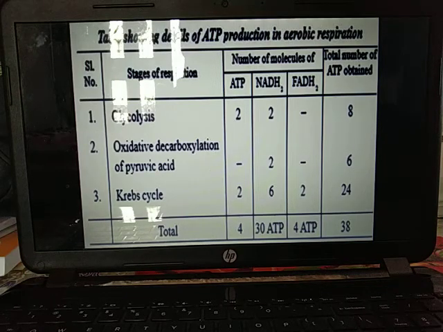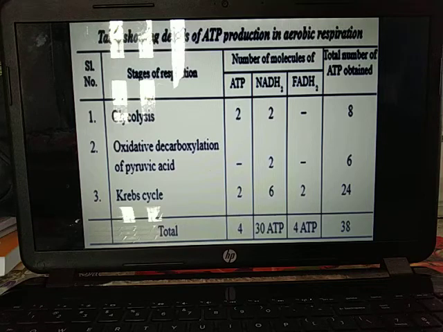Now let's discuss the significance of the Krebs cycle. The Krebs cycle is the major pathway for the synthesis of reduced coenzymes and controlled release of energy during respiration. It is a common pathway for oxidative breakdown of carbohydrates, fatty acids and amino acids.